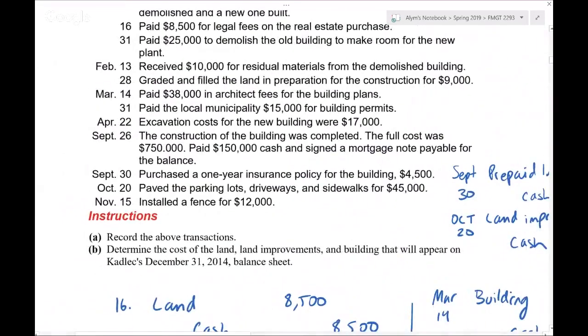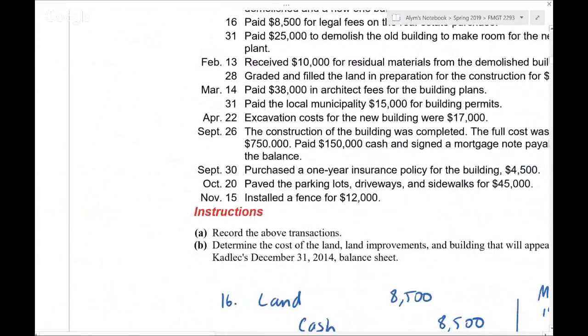And then finally, installed a fence for $12,000. So on November 15th, where's this fence going to go? Debit land improvements, credit cash.